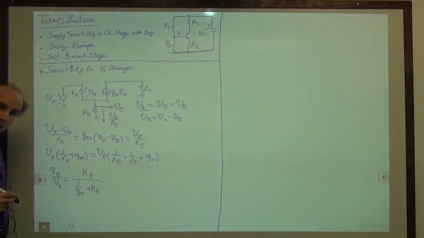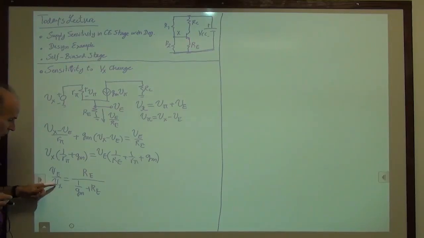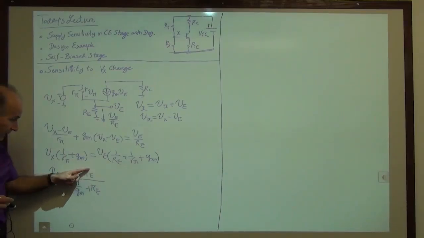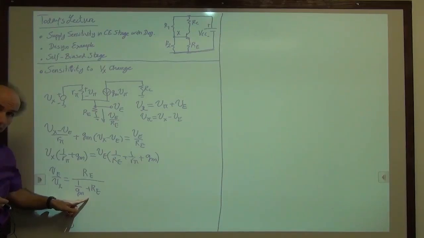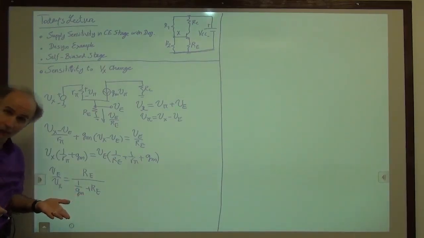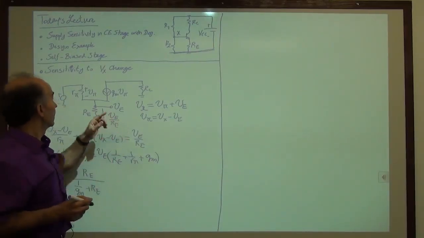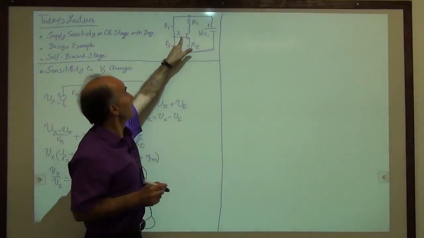Okay, so this says that for a given change in X, we have a certain change in E, in the emitter voltage, which is less than the base voltage change. This is less than 1. We can define this as a voltage gain if you want. So the gain from here to here.